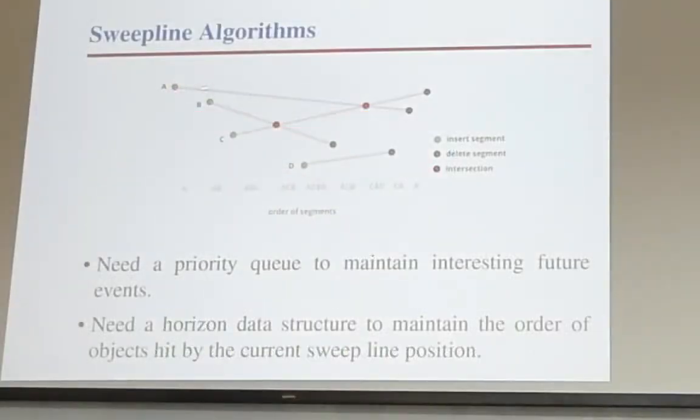In this range, till the next event, we only hit A. In this range from here to there we have A above B. Then came C, and we have A above B above C. If we look at this in our horizon, we have A above B and above C.